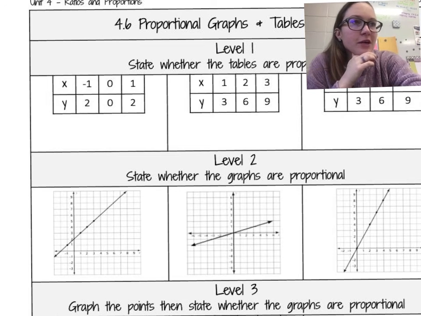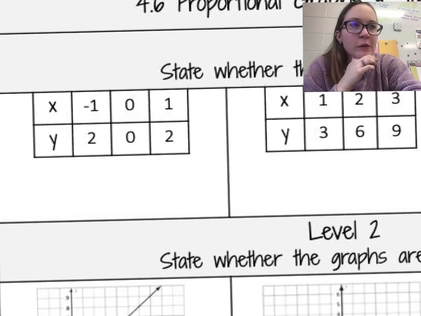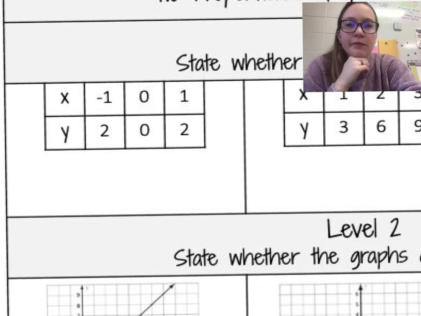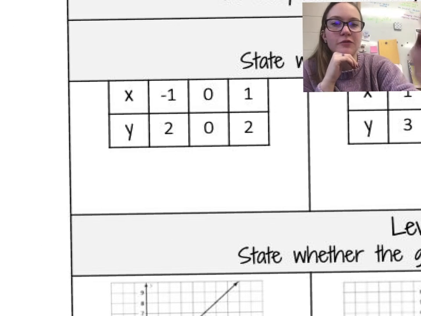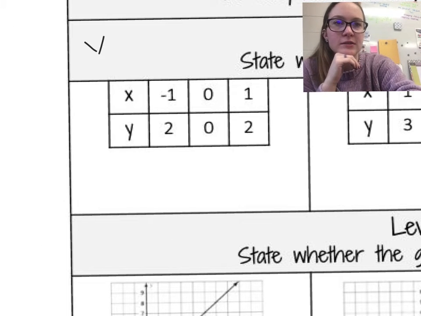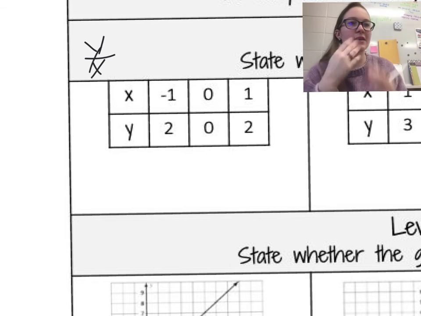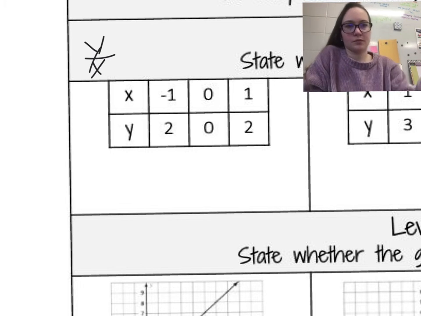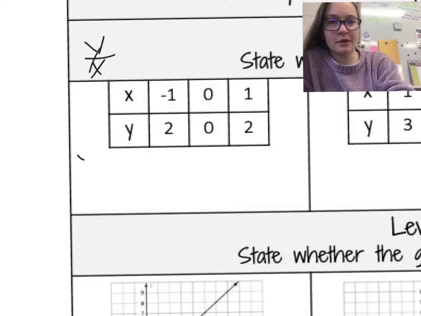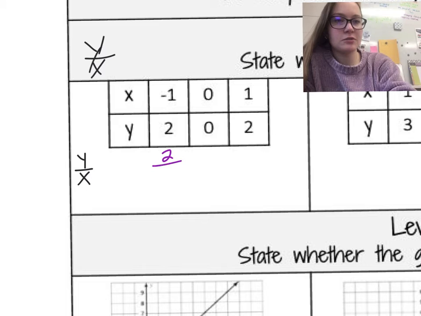Okay, I'm going to do a couple of the practices with you since there weren't very many on that page. They didn't really fit. Okay, so for tables, the ratio of y over x has to be the same for every single point. Okay, so I'm going to take my y over my x. Y value is 2 over negative 1.